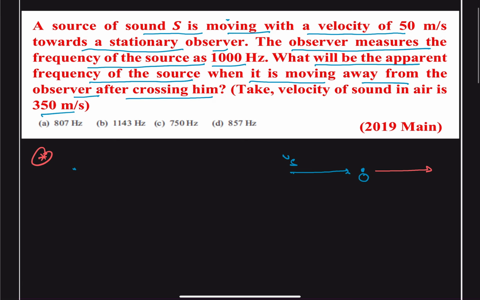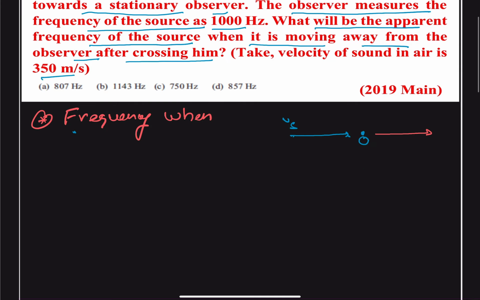Frequency when the source is moving towards the observer.